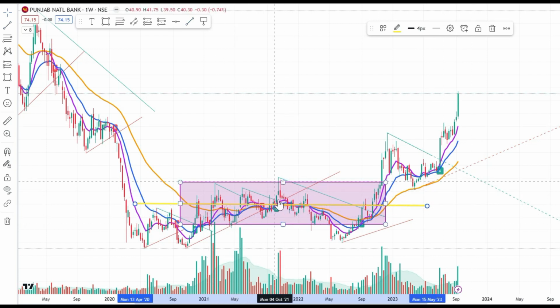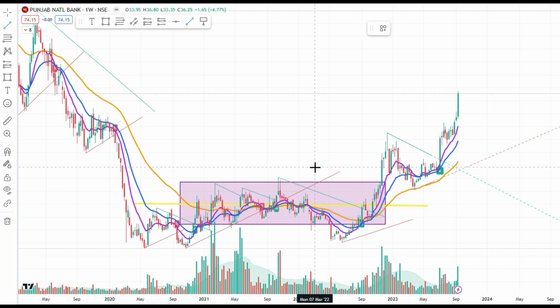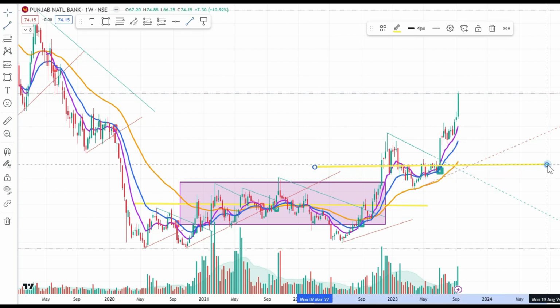The stock price goes round and round, just like the pendulum's middle line. It goes up, goes down, and all that. Now the pivot has actually changed. The new pivot will be here, at 52.